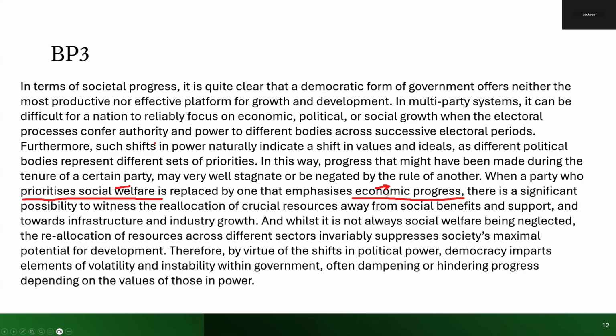So these are categories. What is so good about these is that you can play it a bit more safe and talk about things conceptually and broadly, because the next part is that there is significant possibility to witness a reallocation of critical resources away from social benefits and support and towards infrastructure and industry growth. So like I said before, talking about it broadly and conceptually means you don't necessarily have to think about a very concrete example.